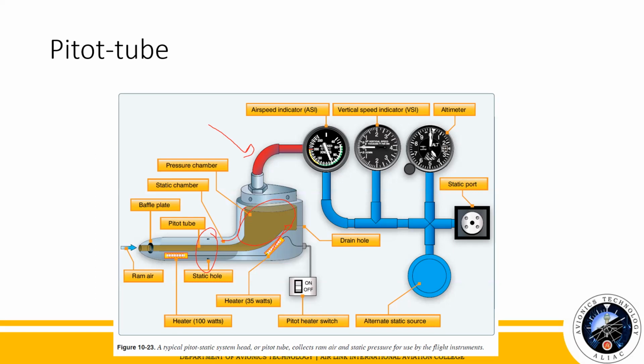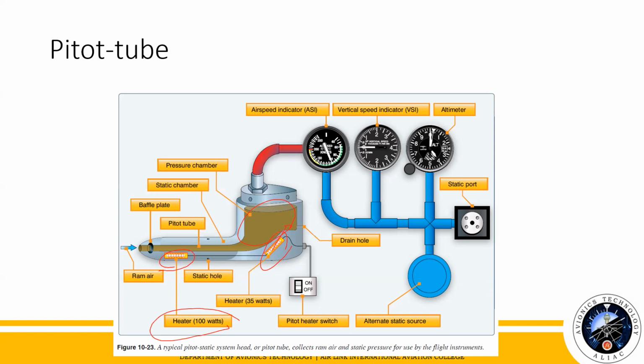So, halos lahat ng pitot-static meron siyang heating element to prevent syempre yung moisture build up during flight. So, yan yan. Meron niyang heating element. So, sa susunod, you may experience yung pitot-static tube if papunta kayo sa aviation industry.